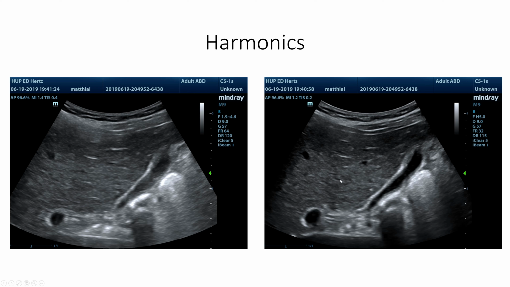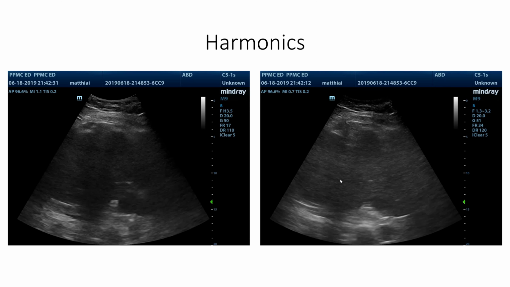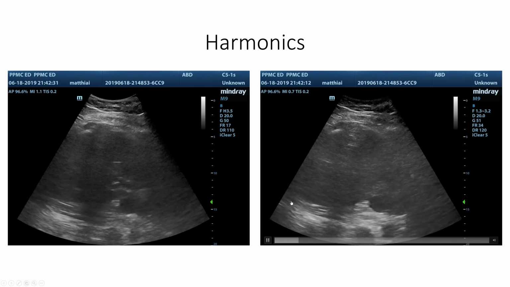I'll always use harmonics, and that's fairly true with cardiac and abdominal imaging. But there are some cases where it's actually a good idea to turn off the harmonics. I'll get to that in this slide, and I think this is going to justify a little bit the tedious physics junk I've been going into for the last few minutes.